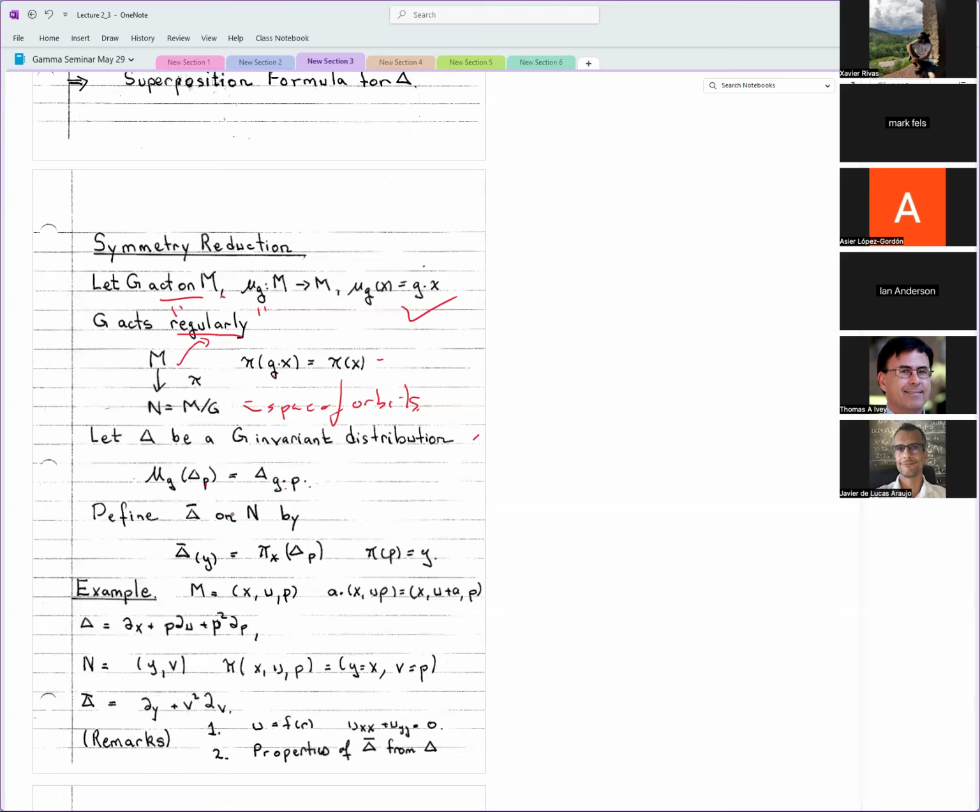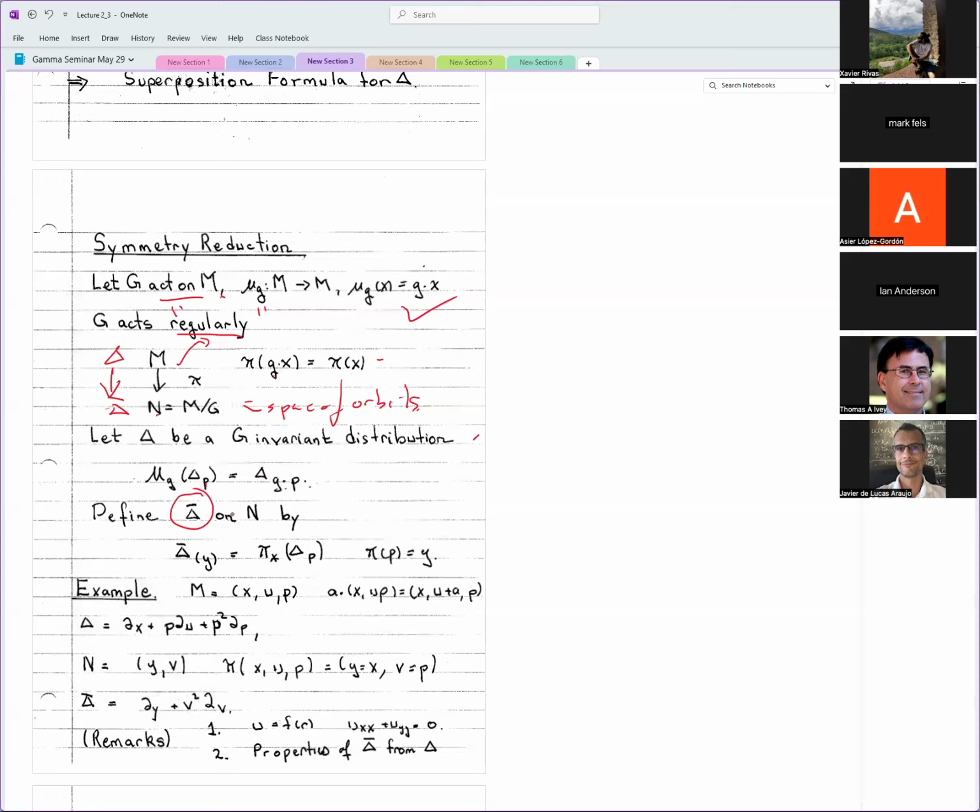Then I'm going to define the quotient distribution, or the reduced distribution, to be a distribution on the space of orbits, and you just push forward the distribution by pi. And you say, well, wait a minute, I only know that I can push vector fields forward pointwise. I didn't think I could push forward vector fields over an entire space.